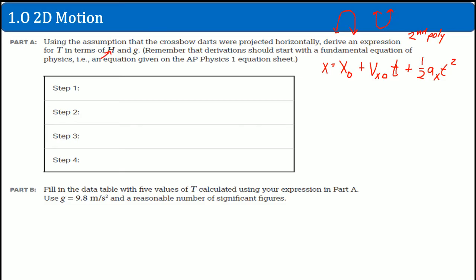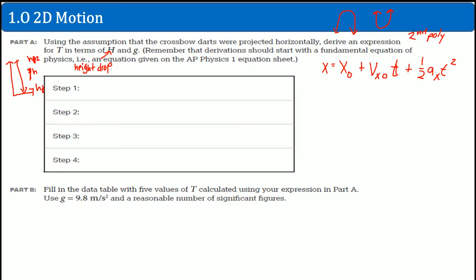And what does the h stand for? The h in the problem is the height that it drops. So if you look at your axes, the height that it drops is on what axis? It's on the y. So this is your height. It goes from h final to h initial. Ooh, some of you don't like that. So h2 to h1.